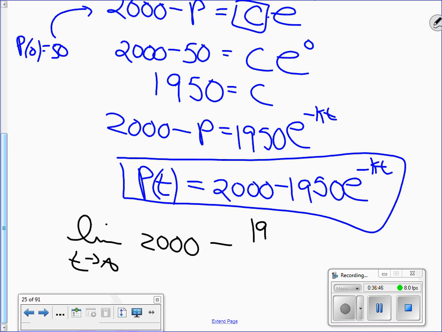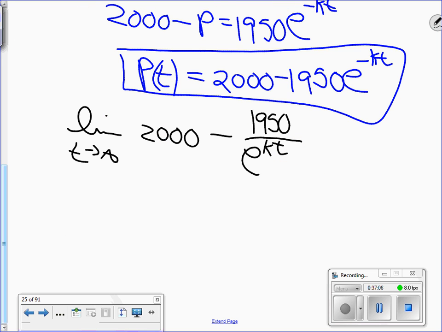No. You're going to rewrite it as e to the negative k t, and if t is approaching infinity, what are we going to get? 0 for the whole thing? No. This guy doesn't care what he's doing, but this is 0. Any number over infinity is going to 0. So it would just be 2000.